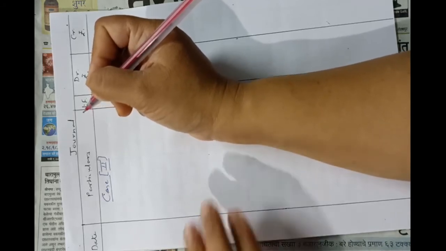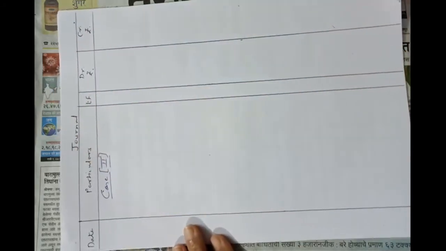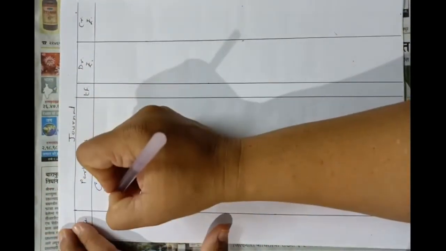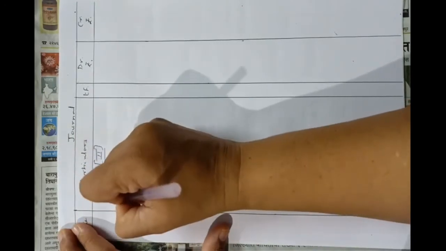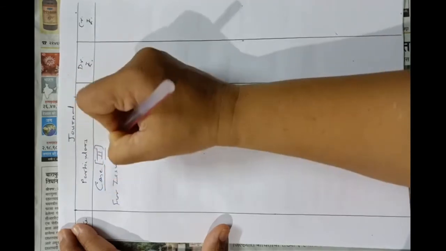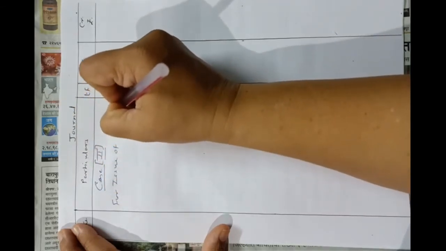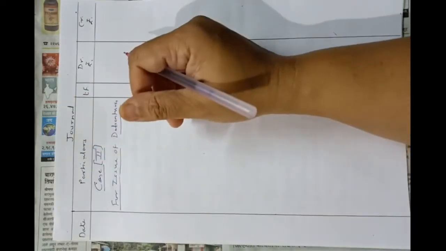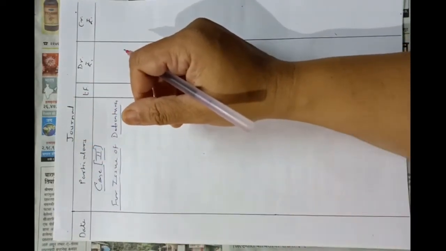Now we will pass the journal entries just like case 1. First we will pass the journal entries about issue of debentures. For issue of debentures, these debentures are 12% debentures.